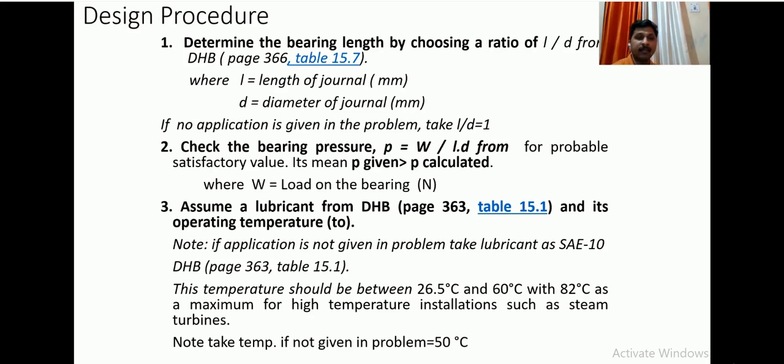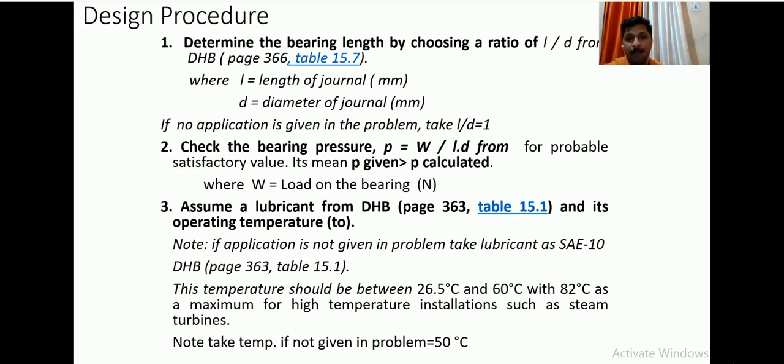Okay, the second step is to find out the pressure that will be created by the bearing, that has to be sustained by the bearing. So pressure will be equal to the radial load on the bearing divided by the projected area of the bearing, that is L into D. Mind it, here we always find the pressure in megapascal, because in whatever calculation we are doing, we take the pressure in megapascal at each and every point.